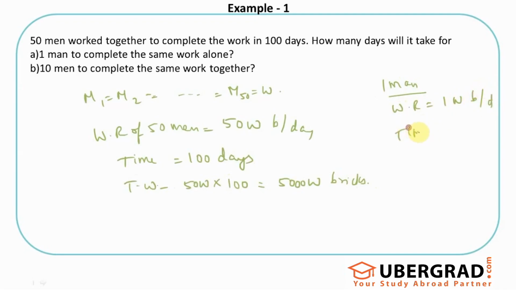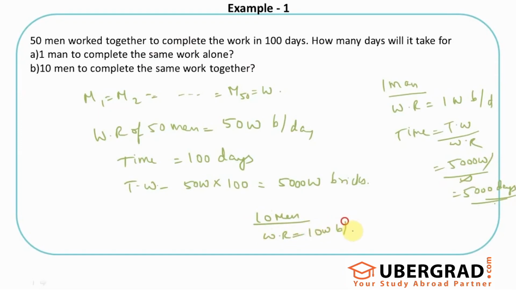So time taken would be total work by the work rate, 5000 W by W. So he is going to take 5000 days. What about 10 men to complete the same work? Their work rate would be 10 W bricks per day. So their time would be 5000 W, the total work, divided by the 10 W bricks they put in a day. So that will be 500 days.